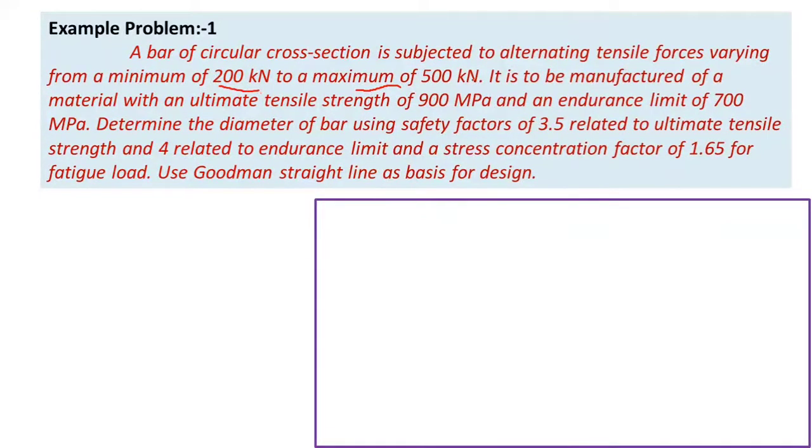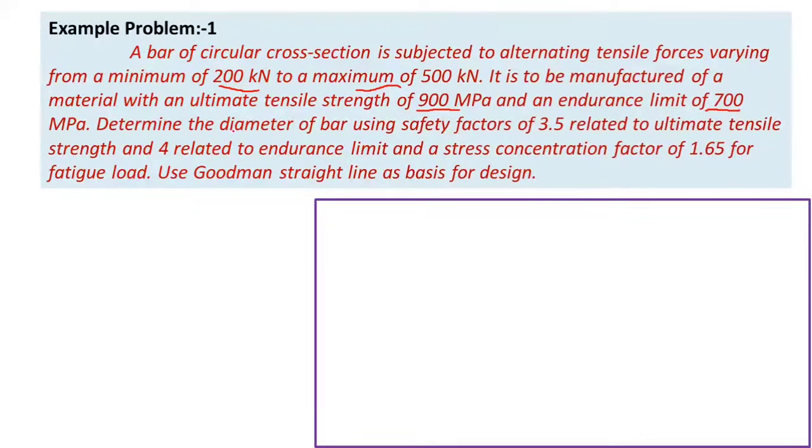So this is the W max, and this is the W minimum. And ultimate tensile strength, that means sigma U, sigma U equals 900 megapascal, and endurance limit, that is sigma E, equals 700 megapascal. Determine the diameter of the bar.